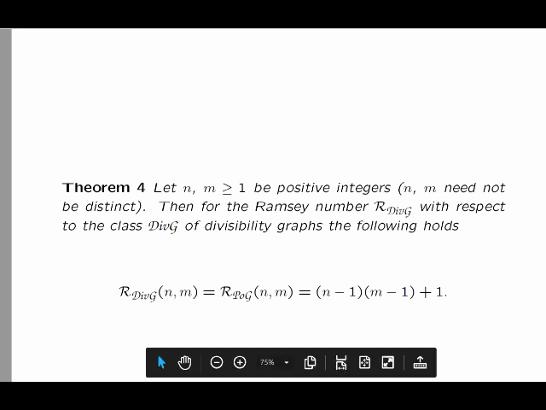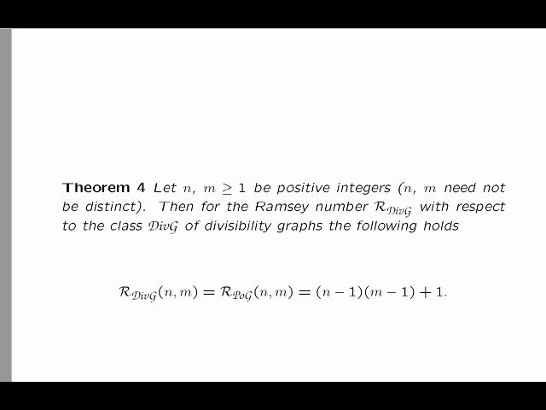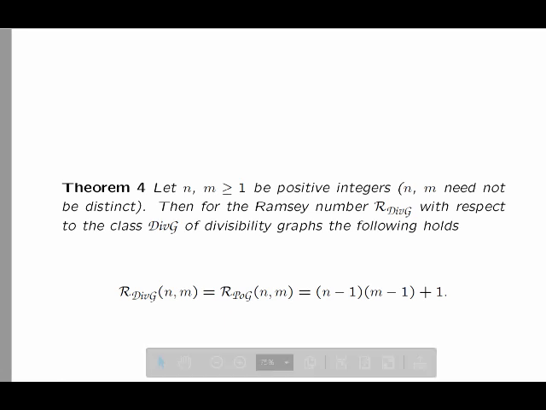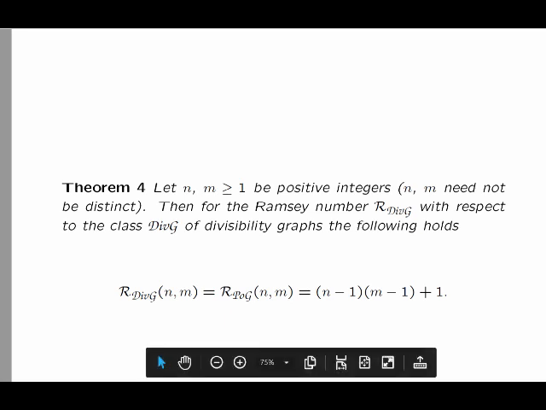The minimum number is 57. And let's think about it. If you select 56, it will not work, because I can select 56 numbers where what I told you will not be true. So you see the beauty of this result, that it gives you the minimum number that you should select. And the minimum number is exact. It has to be (n minus 1) times (m minus 1) plus 1.